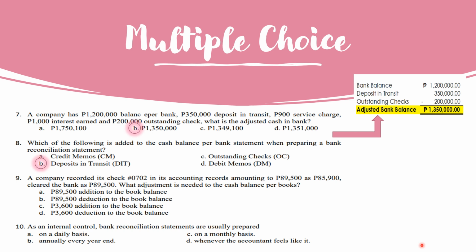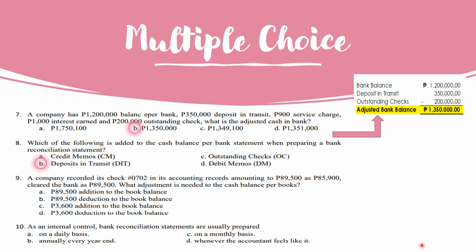So, ngayon, ang nangyari, kulang. Kulang yung na-deduct mo sa account mo. Instead of deducting 89,500 sa libro mo, ang deduct mo lang 85,900.